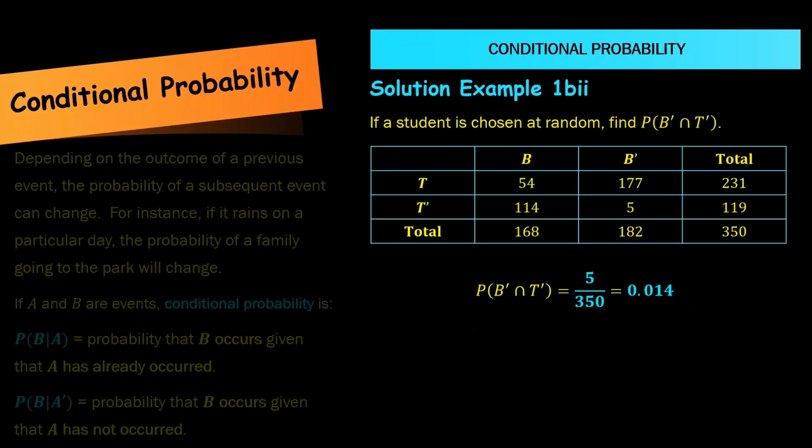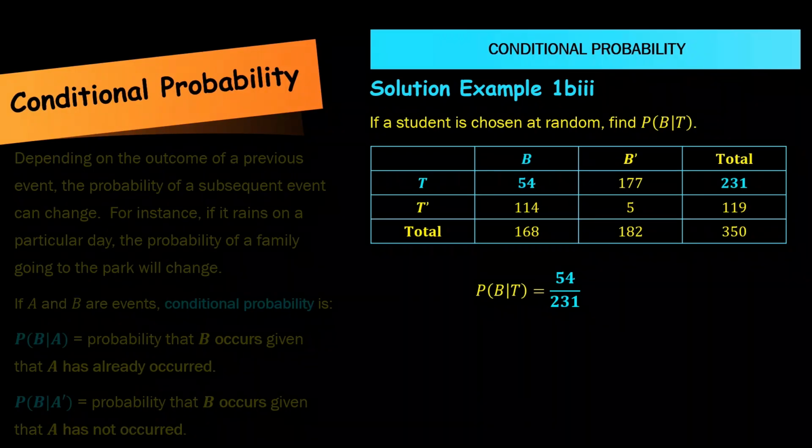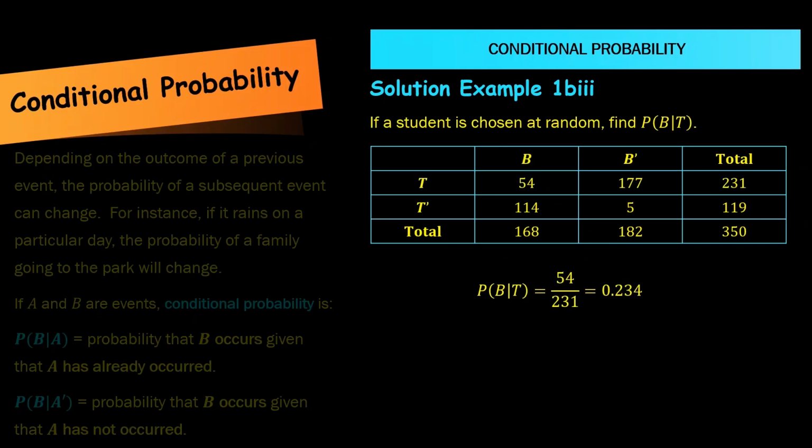And in part 3, we're required to find the probability of somebody playing badminton given that they play tennis. This time we're going to use the tennis total only. So we have that this probability equals 54 divided by 231, which is equal to 0.234.